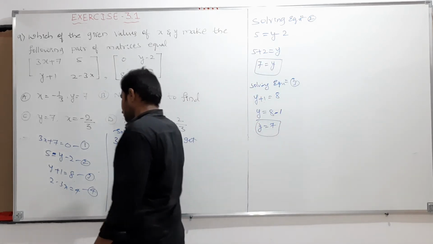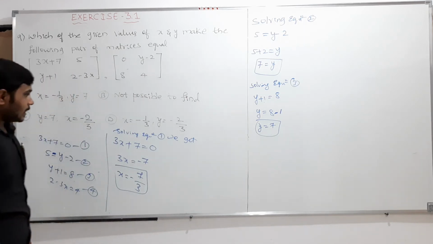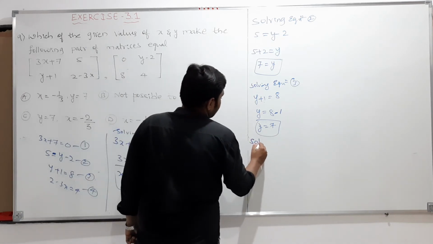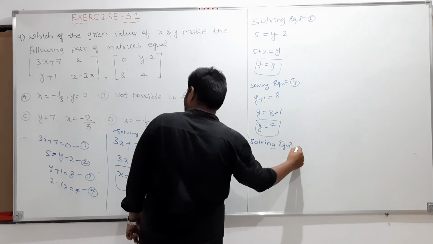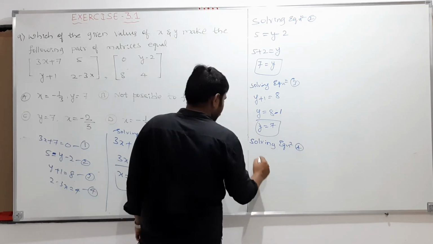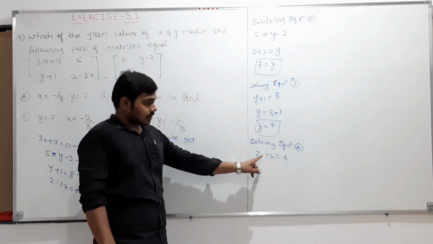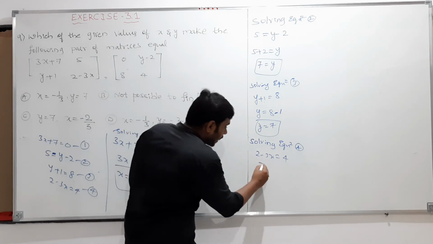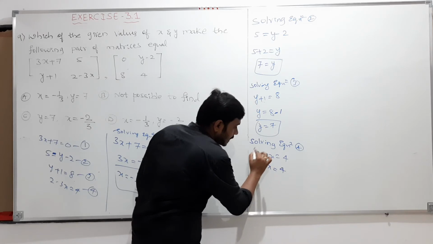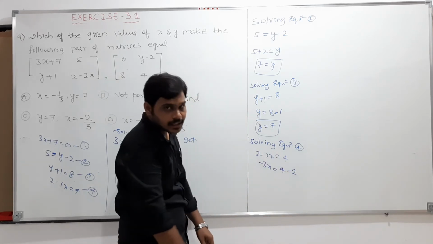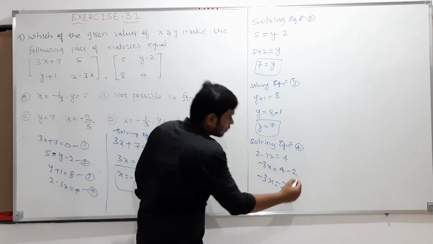And now my dear students, solve this one. Solving equation 4, so 2 minus 3x is equal to 4, and here minus 3x is as it is, plus 2 if I shift that side, that will become minus 2. So minus 3x is equal to 4 minus 2 is 2.